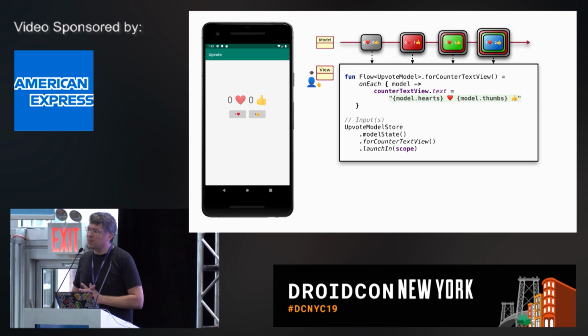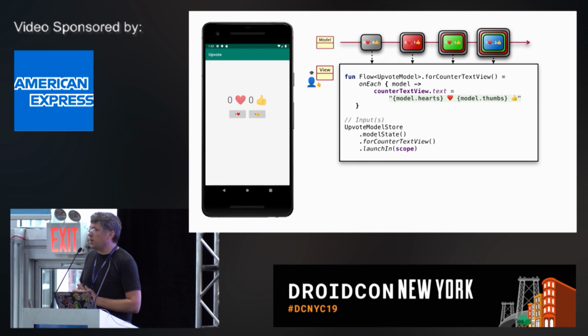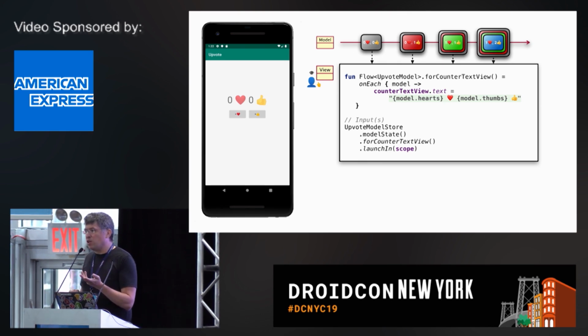Just to follow up to that, could this model store be shared between multiple views? Yes, that is something I've been doing in more complex projects. If you look at the GitHub, there's another MVI project that I've not yet converted to Kotlin and Coroutine and Flow, but that demos this exact point, having multiple models that interact with each other.